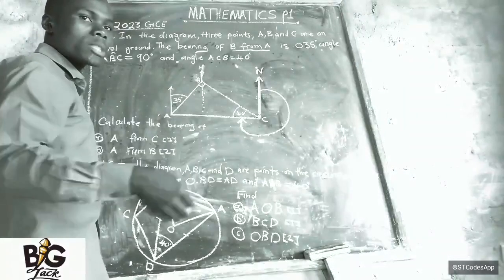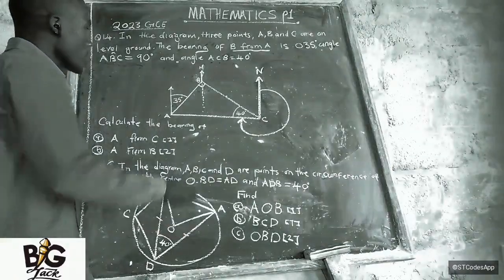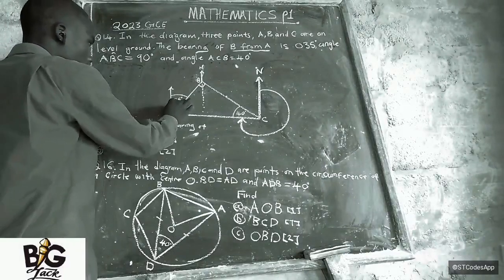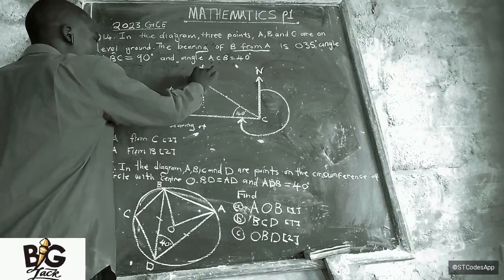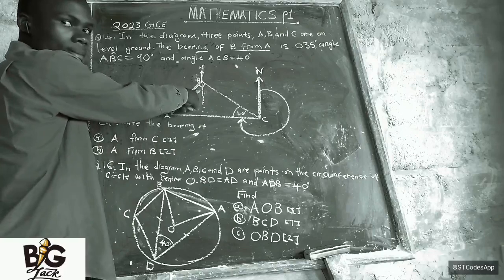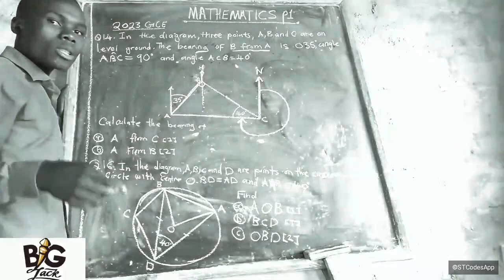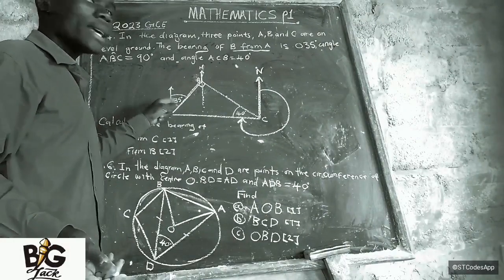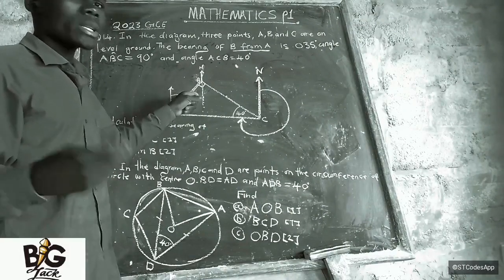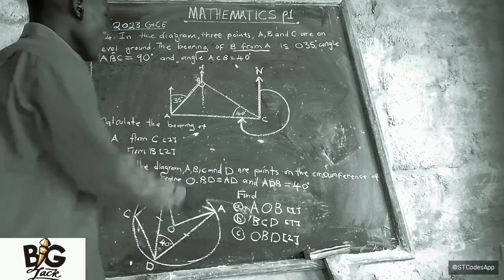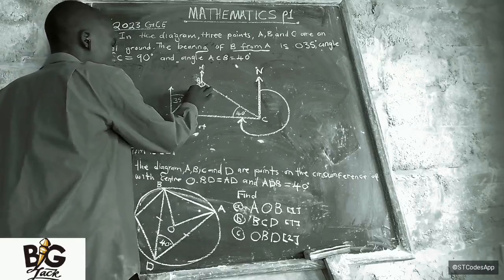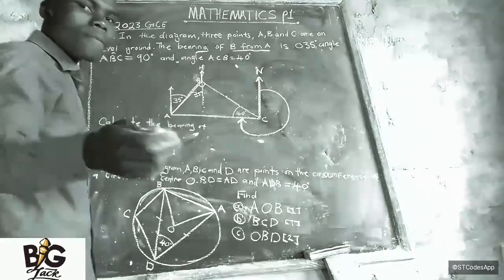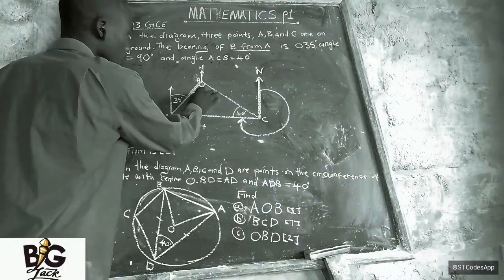What I mean is that this angle is going to form a Z shape with this one. That is alternate. Now, when you say this one is alternate to this one, if this one is 35, then even this one is going to be 35 degrees. Now, 35 degrees here is ending on this point here.